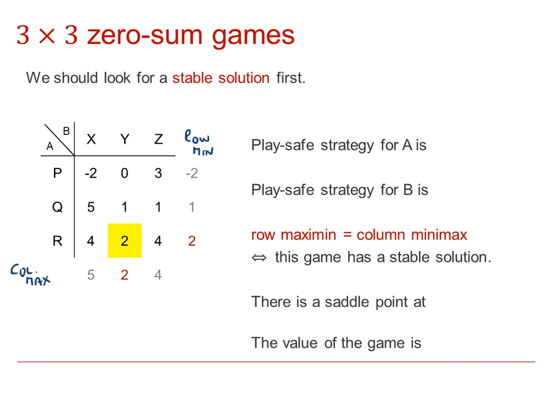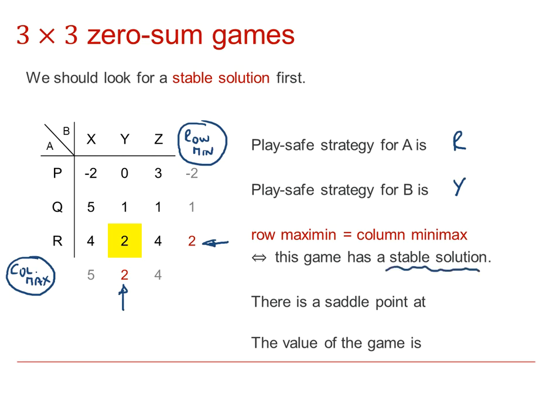So to do that, we looked at the row minimum values and the column maxima and found the row maxi min and the column mini max values. And we could say therefore that the play safe strategy for A was R and for B is Y. And because these values are equal to each other, both equal to 2, this is a stable solution.